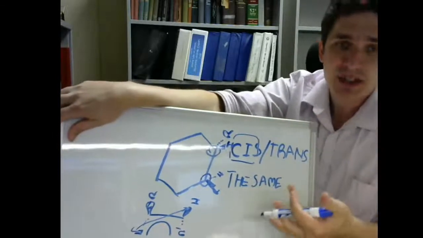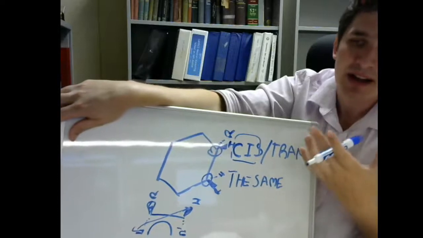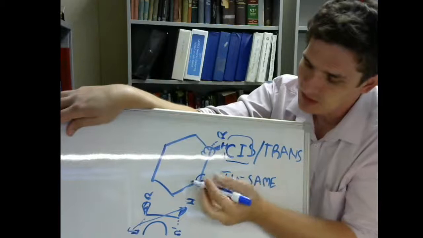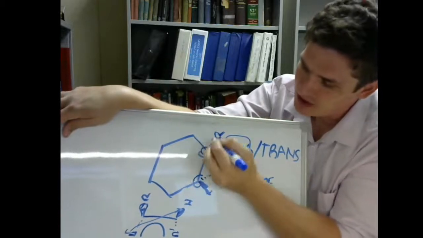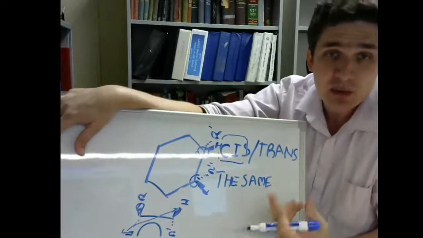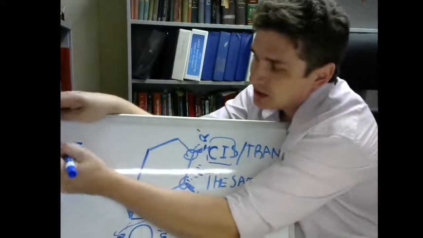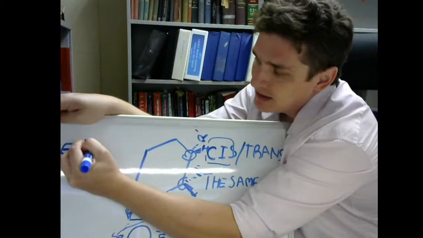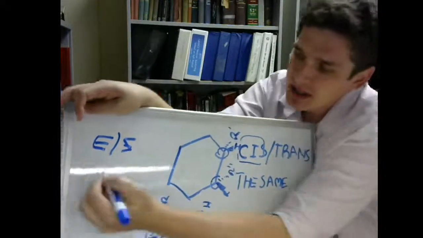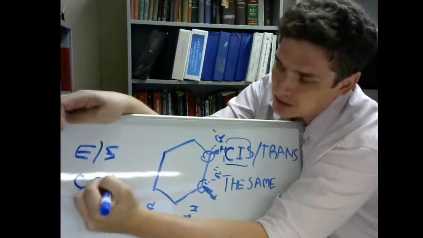The limitation with Cis Trans, though, is that it only applies if you have two groups that are the same. So let's say instead of an R and an R prime, we also had an R double prime, a third group. In this case, we couldn't use the Cis Trans, which is where we get to EZ. EZ uses the CIP, the Cahn-Ingold-Prelog priority rules.